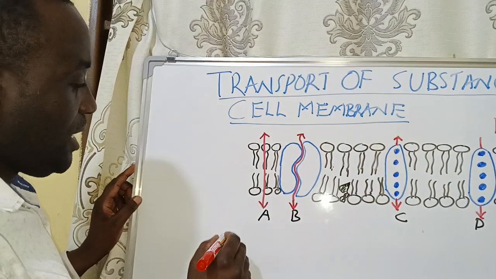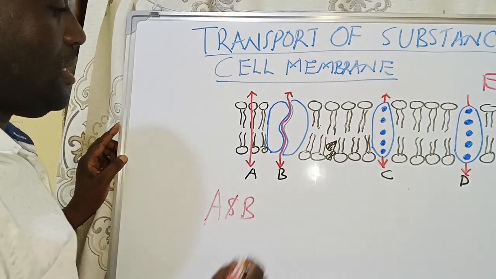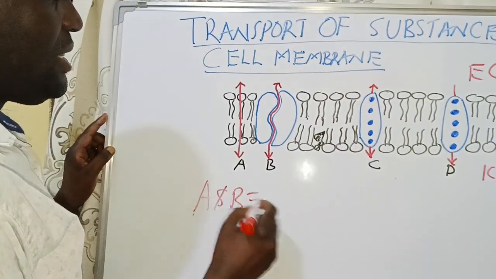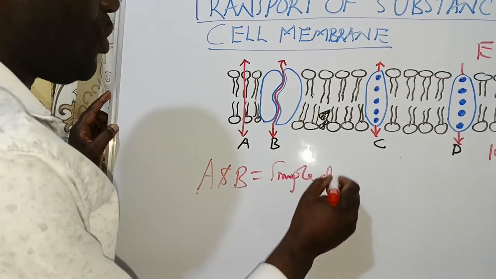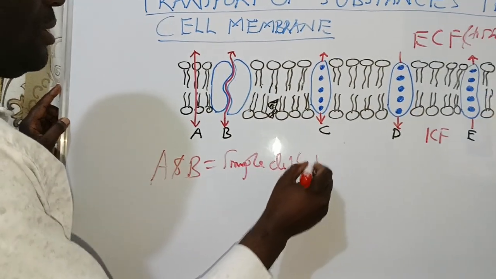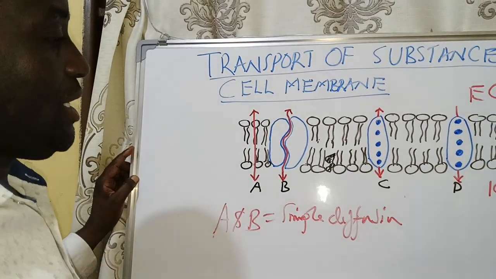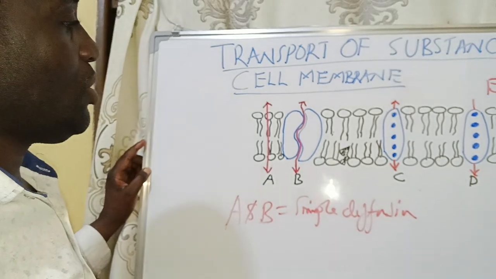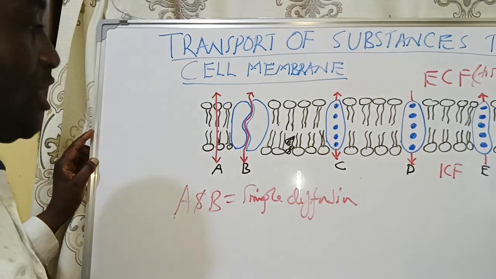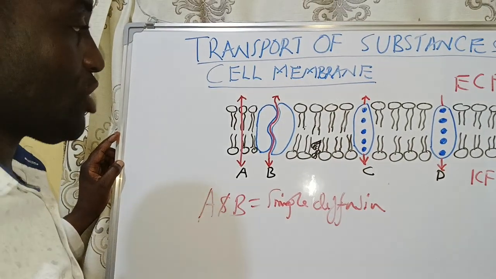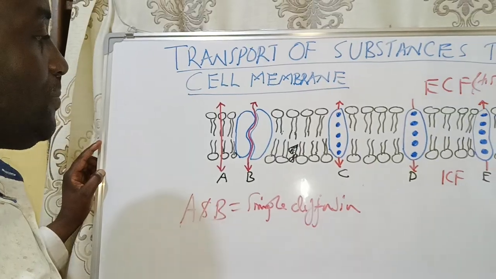Now, A and B are simple diffusion. Here materials move along their concentration gradient from where they are highly concentrated to where they are less concentrated. So both of them are simple diffusion.